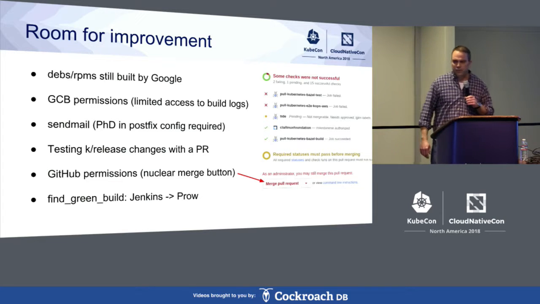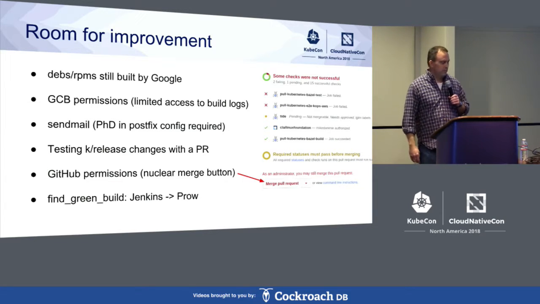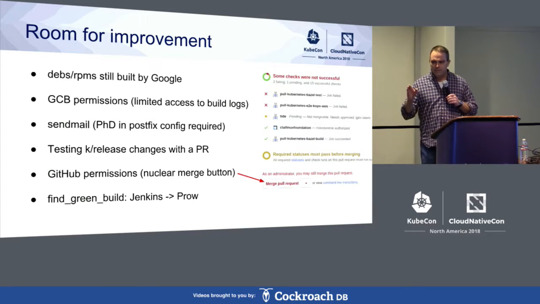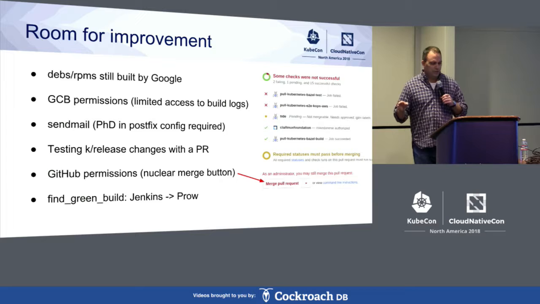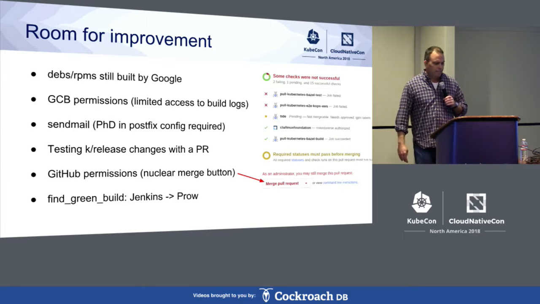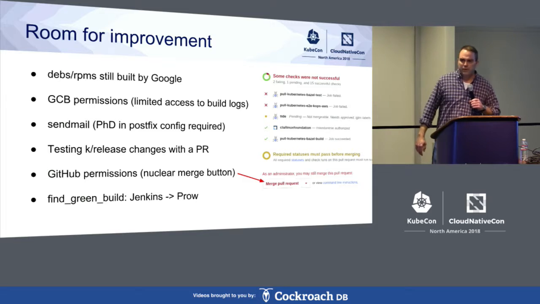As far as room for improvement from my observations, the debs and RPMs are still built by Google, so that isn't something a branch manager is able to do outside of Google. The GCB permissions are a little bit limited, and this is where Dims and I worked through an issue.